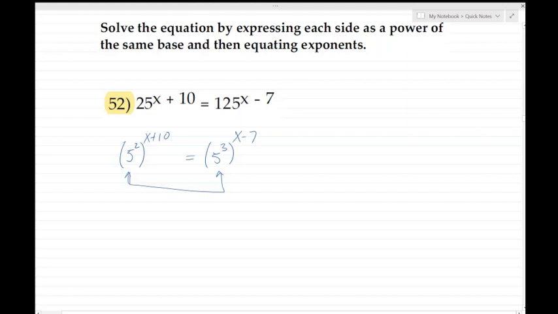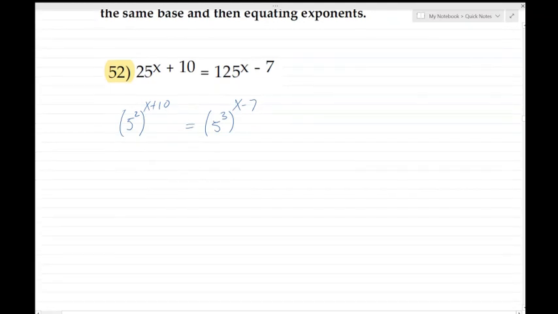So 5 is the base, okay? Then we make use of the power to a power rule. So 5 to the power 2 times the exponent x plus 10. So make sure you apply correctly the rules of powers of exponents in order to simplify this.